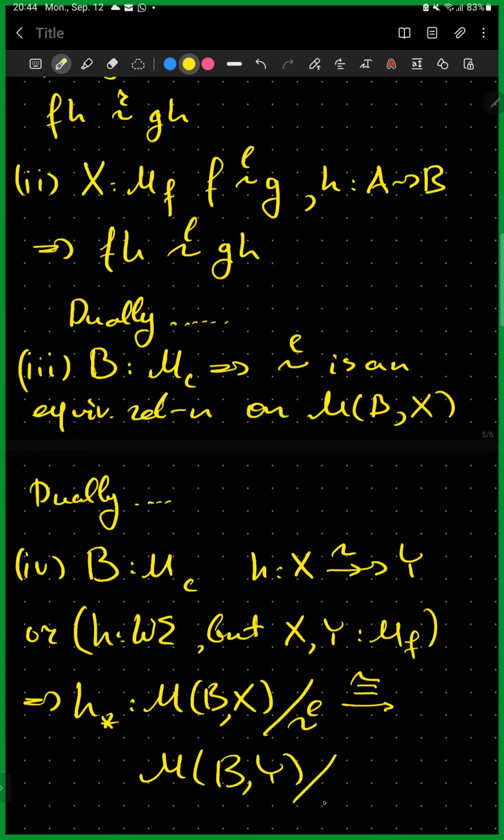So if we replace X by something that is weakly equivalent to X and also the map is a fibration, then the set of equivalence classes of maps under left homotopy does not change.